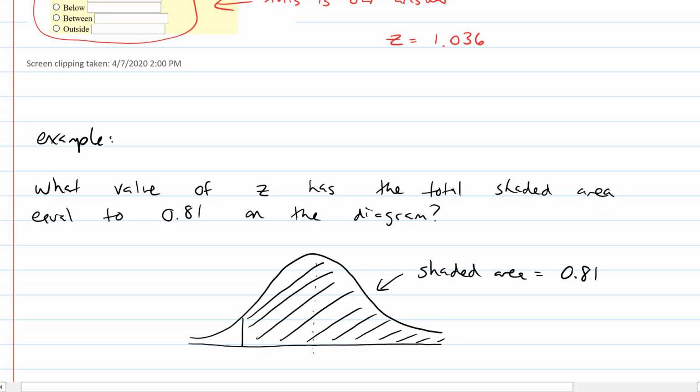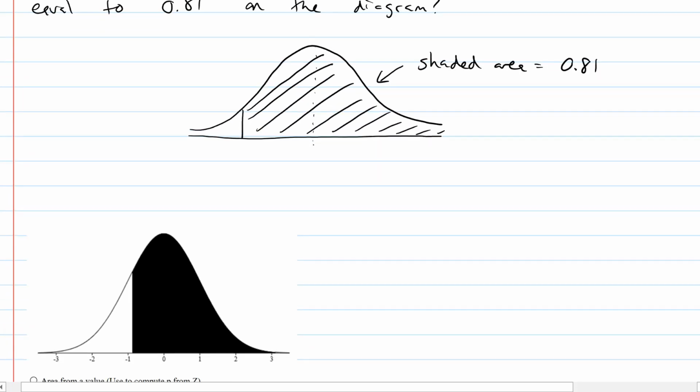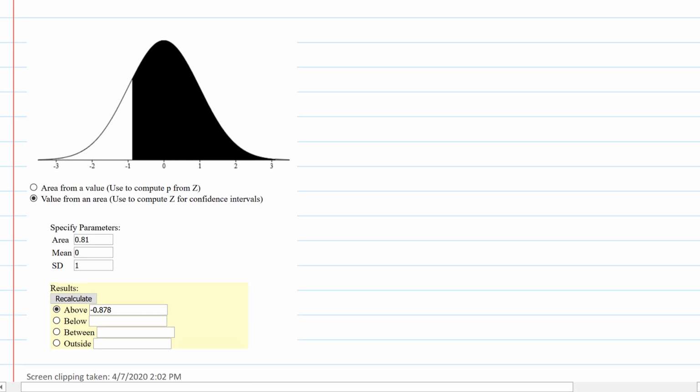What value of x has the total shaded area equal to 0.81 on the diagram? So I'm going to go to the screenshot here. You can see, once again, I have selected that we're taking the value from an area, and I've input that the area that we're interested in is 0.81, and again, mean of 0, standard deviation of 1, since we're calculating z-scores.